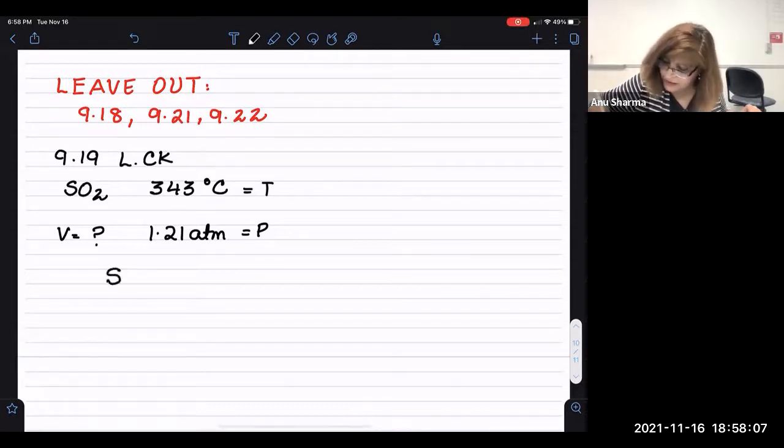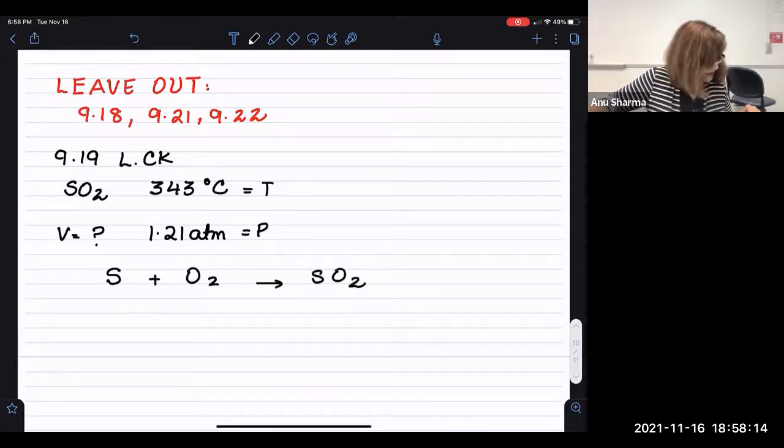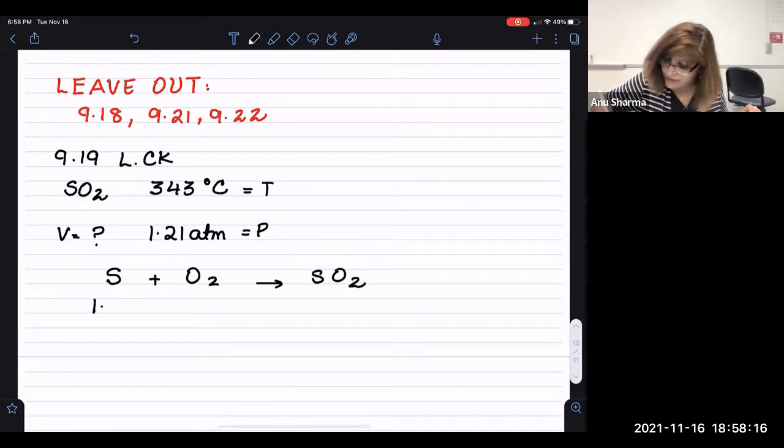So sulfur reacting with oxygen gives you sulfur dioxide.